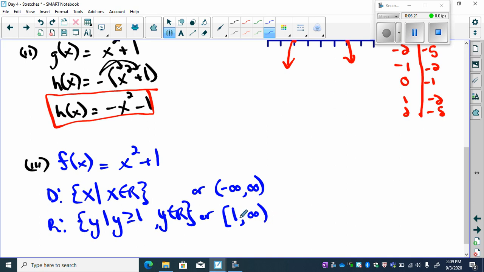Notice I put a square bracket in front of the 1 because it can equal 1. If it was just greater than 1, this would be a round bracket. And realize you'll never obtain a negative infinity or a positive infinity, so they'll always have a round bracket preceding or after it. And that wasn't f of x, sorry. This was g of x.